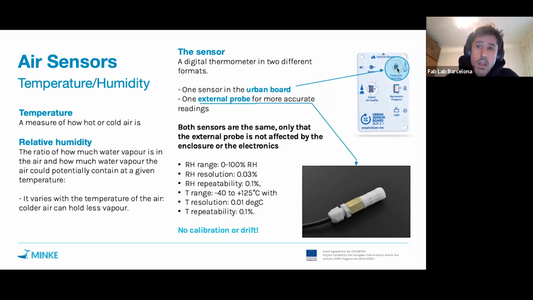A limitation for the top one is that it's going to have less temporal representativity. It's going to be a little bit smoother because it has the inertia of the enclosure and it's not going to be so reactive. And in terms of accuracy, we have tried to calibrate the device in different scenarios, but the operation modes of the device also affect the temperature readings, meaning if we are charging the battery, or if we are posting data online versus storing it on the SD card.